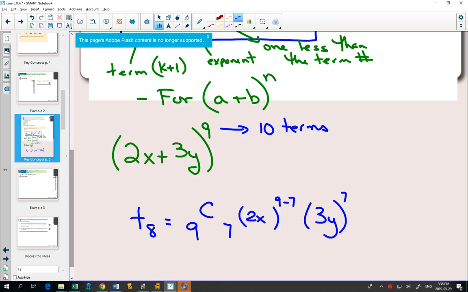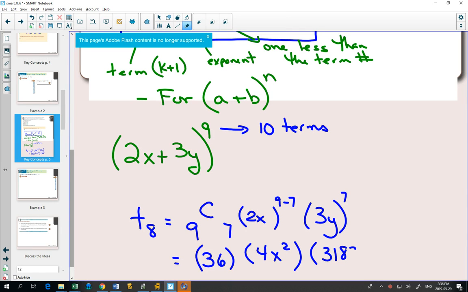And you would go to your calculator to calculate each of these things. Well, maybe you don't need your calculator. Quickly, what is 9 choose 7? Is it 36? Someone can check. And then 2x squared will be 4x squared. And this is where things get a little bit large. 3 to the power of 7. What is it? 2,187?